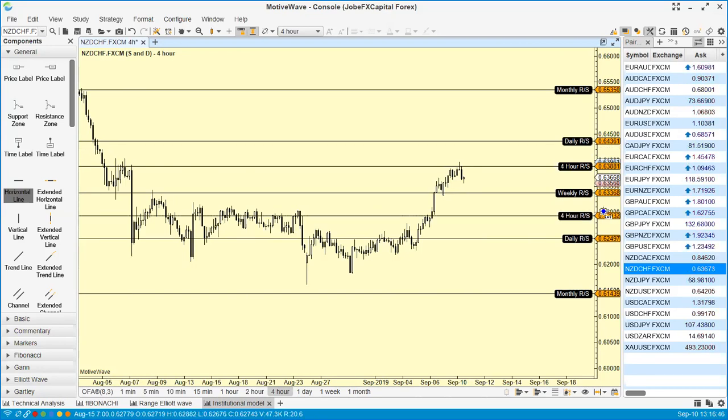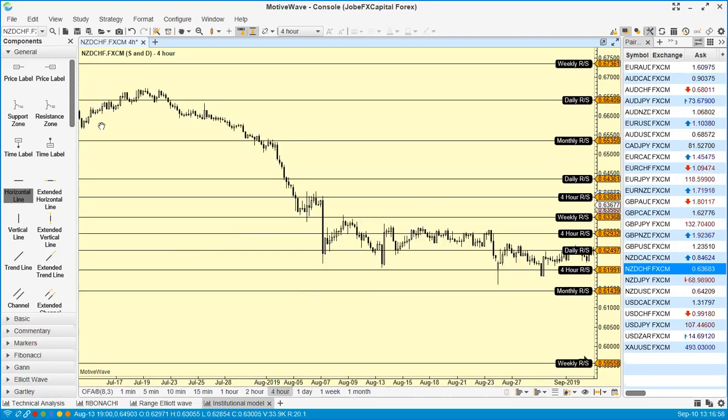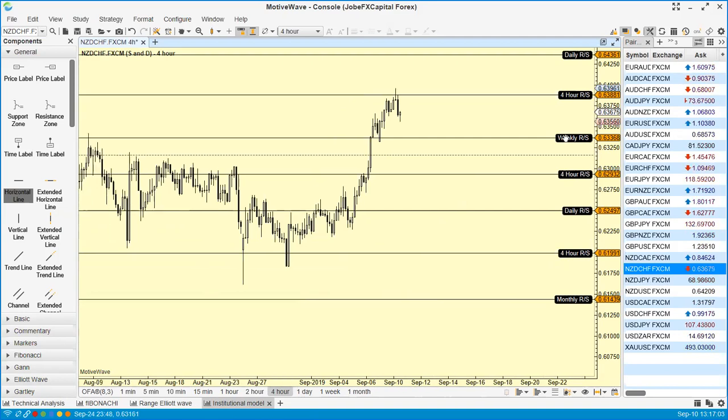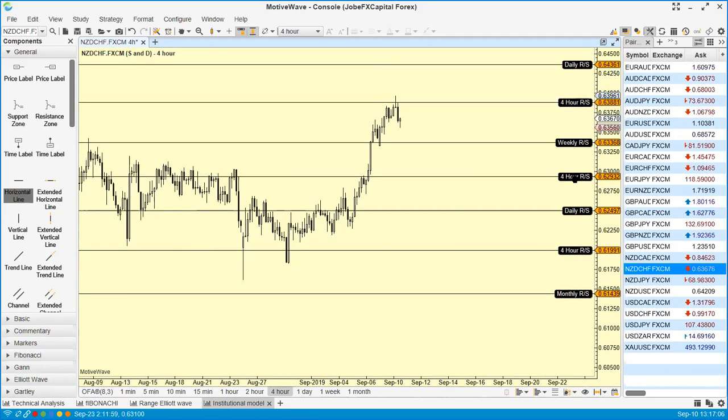Price was just ranging here, and then duplicate, put here. So can you see? This is where I actually enter. I look at these levels, and that's where I enter on these levels here.